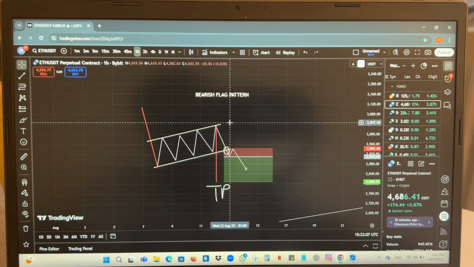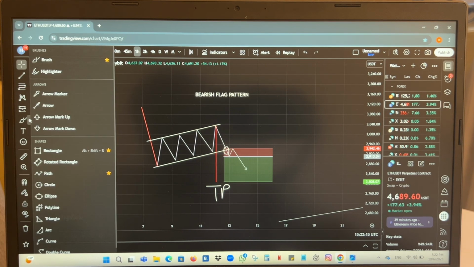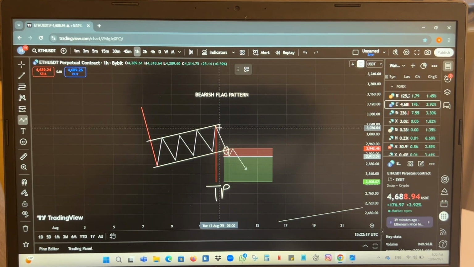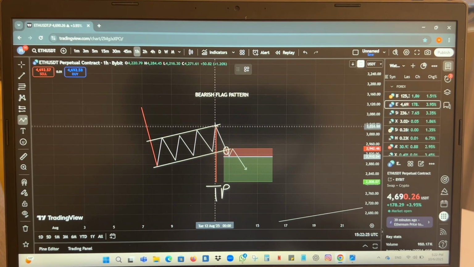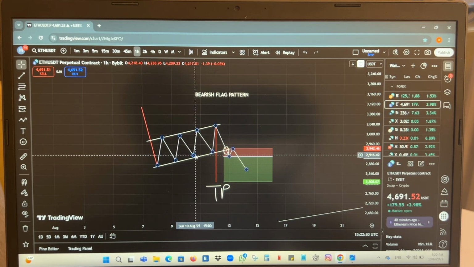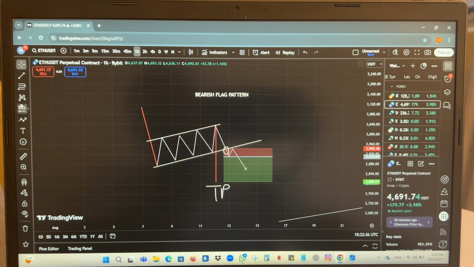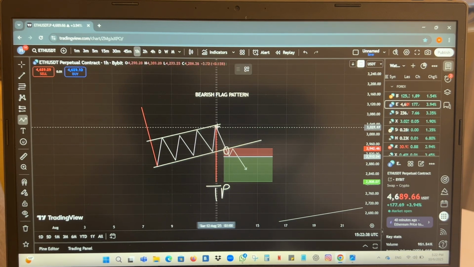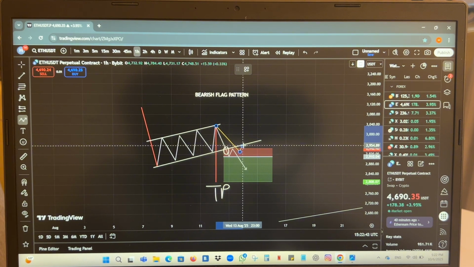Just like before, the one before, flag pattern, there might be a fake out. I mean, there are scenarios like this as well. Let me tell you that as well. Let's color this in another color. So there are times where there's different kind of fake outs. Okay, so the market might do this, break this, and do a double top pattern.